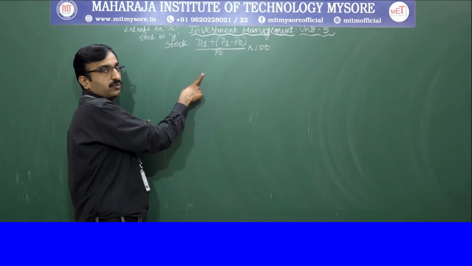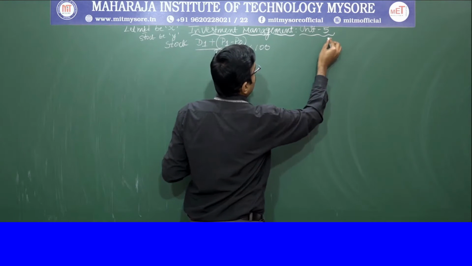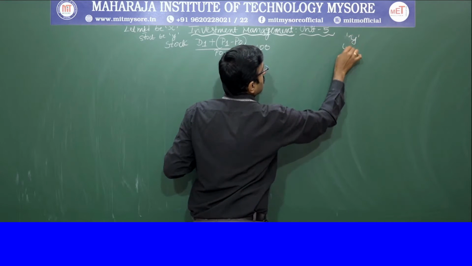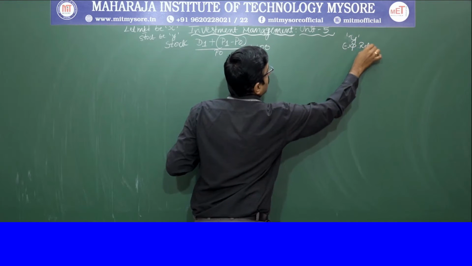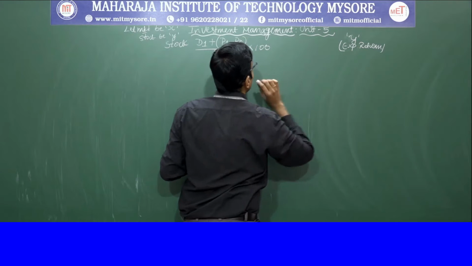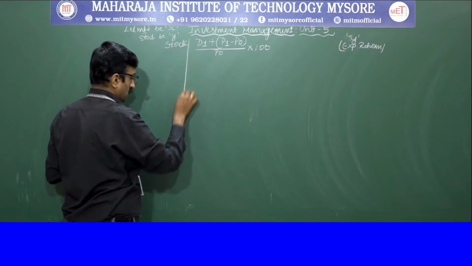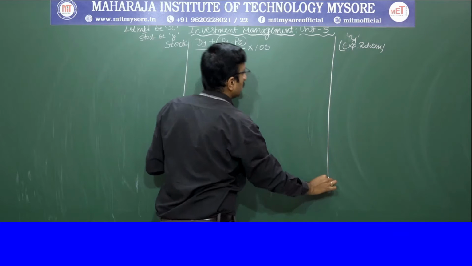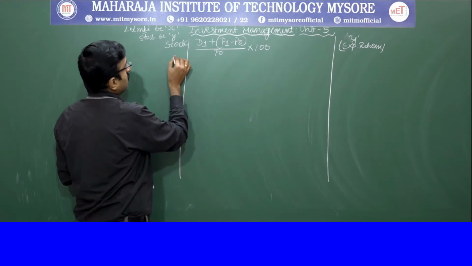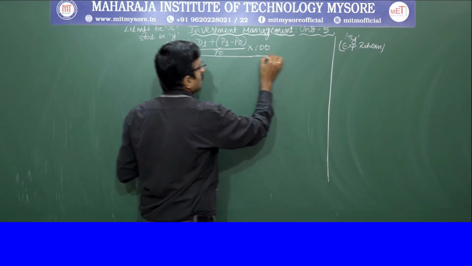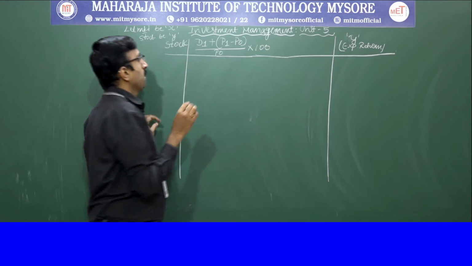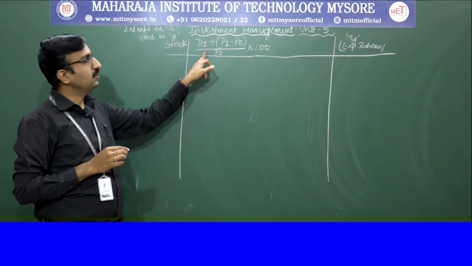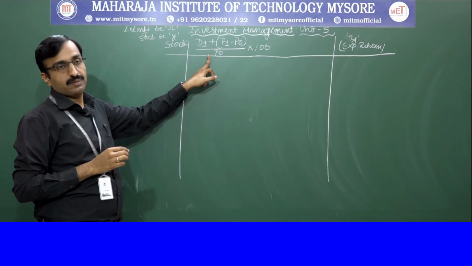Why do we do this? Because we want to find out the expected return of y. So expected return is equal to D1 plus P1 minus P0 divided by P0, whole into 100.